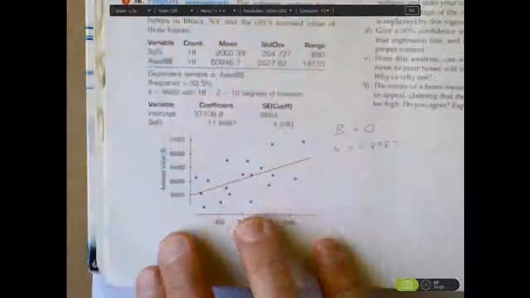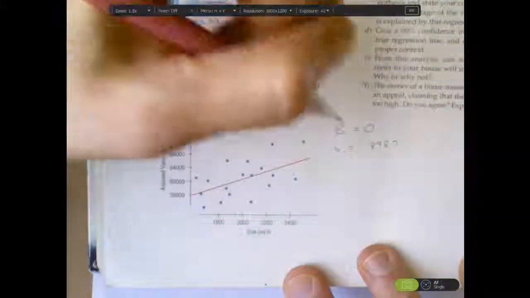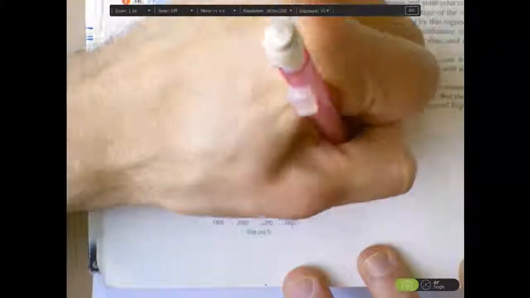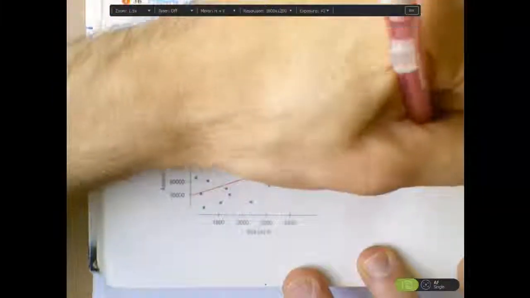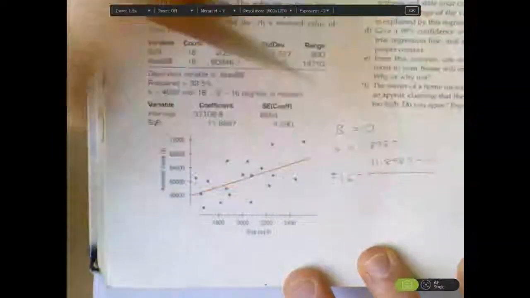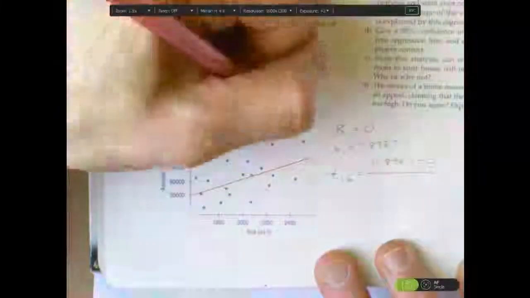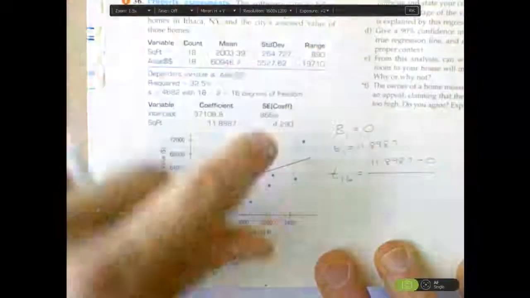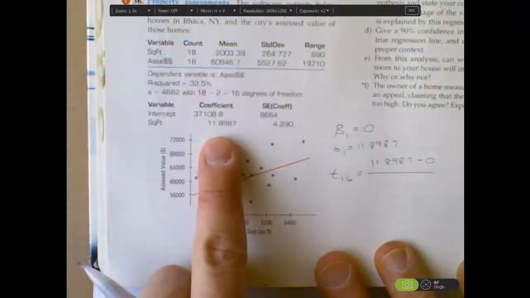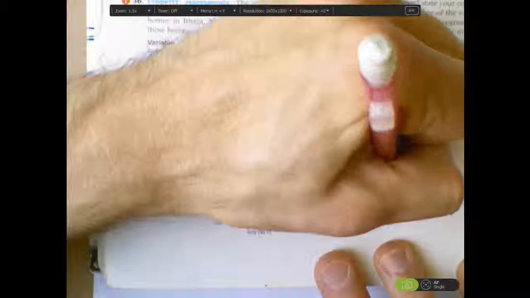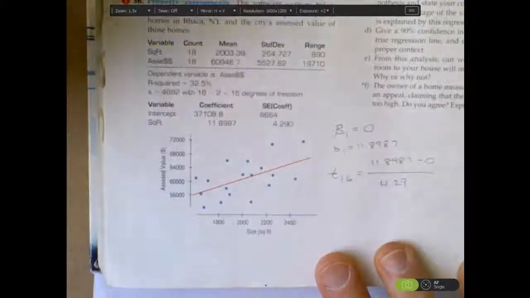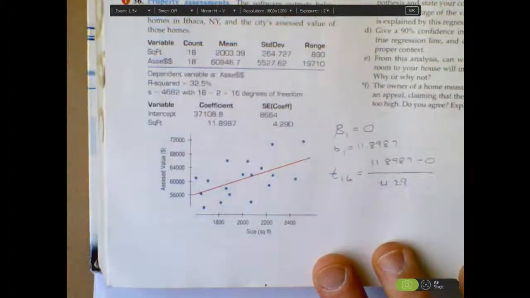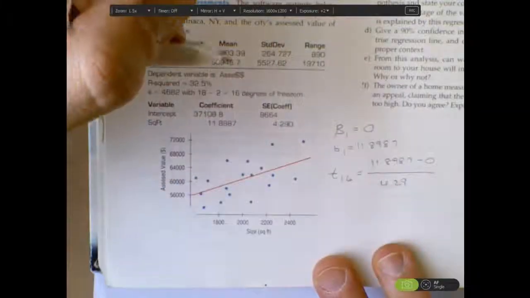11.8987. And going ahead and calculating a test statistic, t sub 16 equals my sample statistic minus my population parameter divided by, I have the standard error right here in the table next to the slope, 4.29. Calculating that gives me, it looks like 2.77.